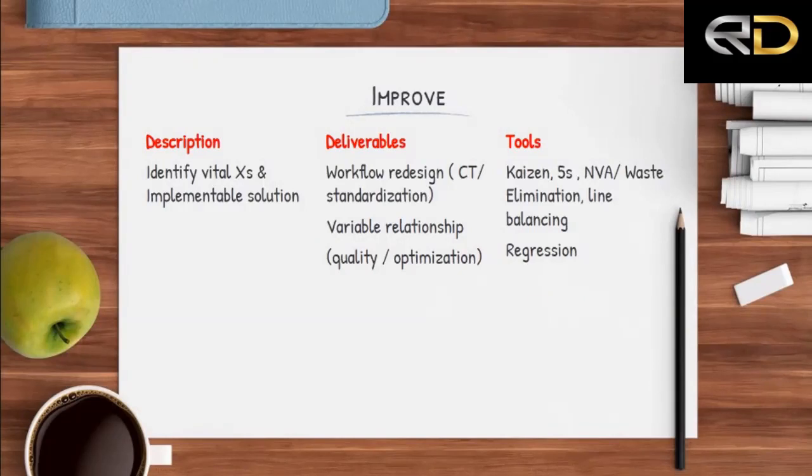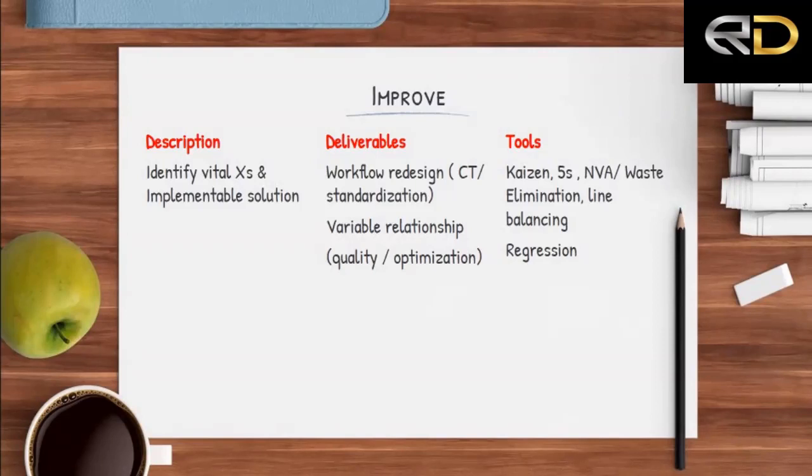So that is what you call identifying vital X's and implementable solutions. So what are the deliverables here? This can result in workflow redesign. These are all things you do to fix the root causes. They can be standardization, or they can be quality and optimization.